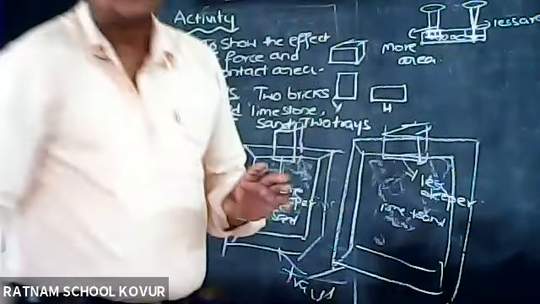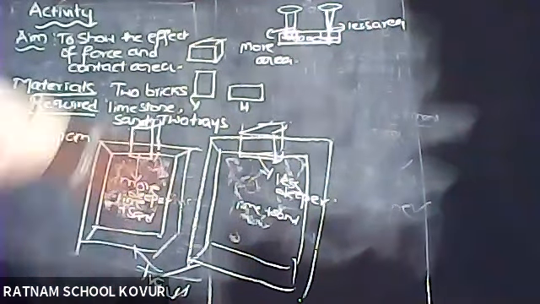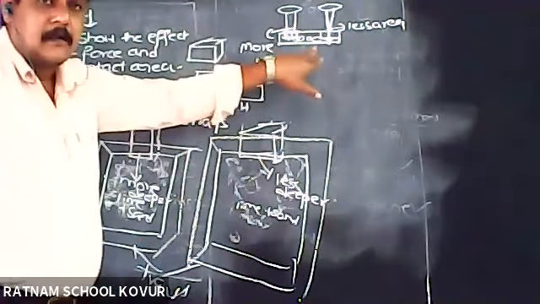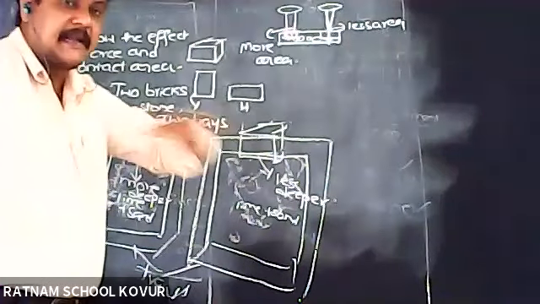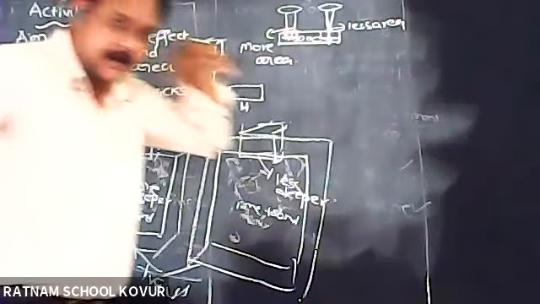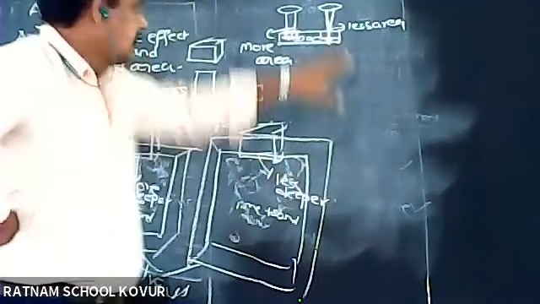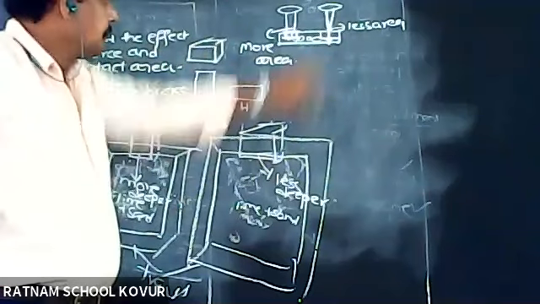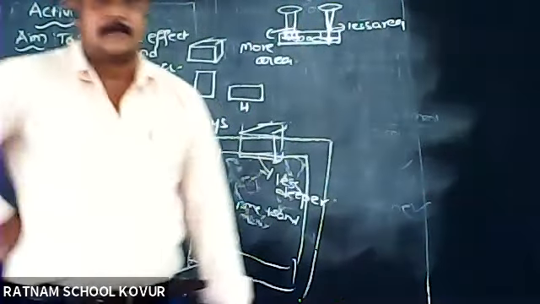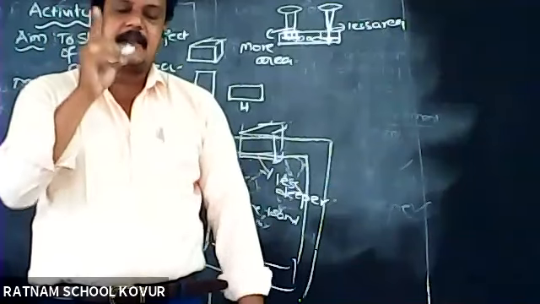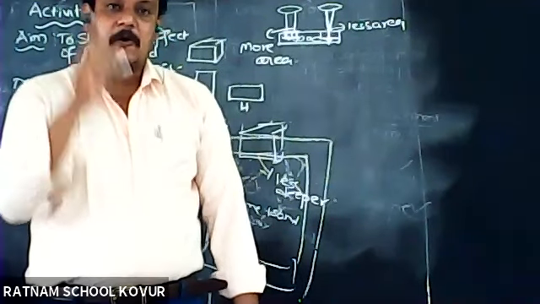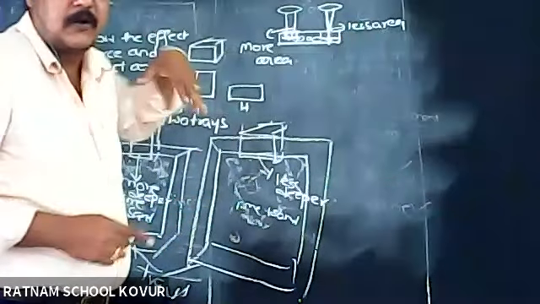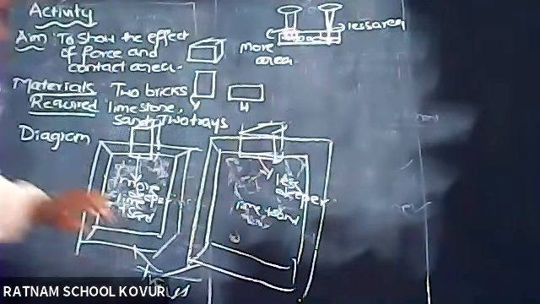The nail having a flat edge won't penetrate into the wood, whereas the nail having a sharp edge and less area will penetrate more into the wood. Suppose you want to hit the nail into the wood, the nail with the sharp edge will go deeper.